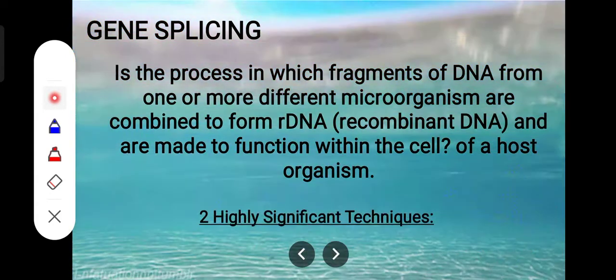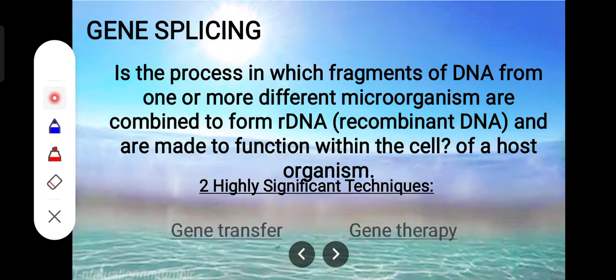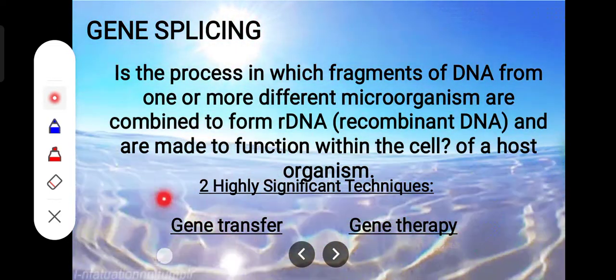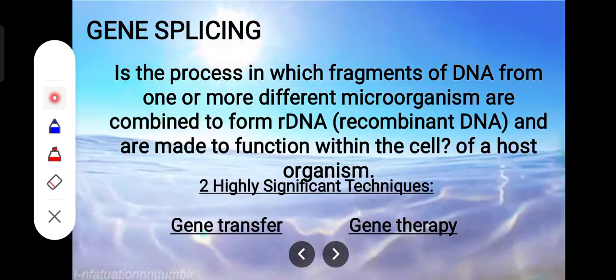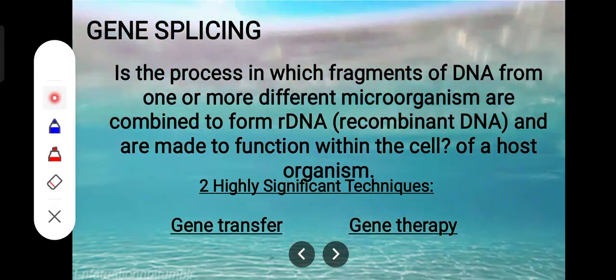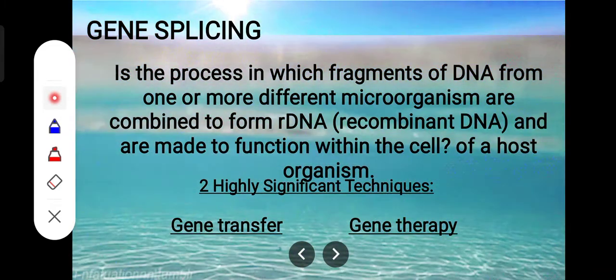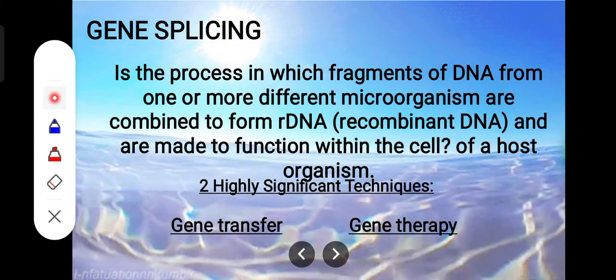So we have here two highly significant techniques. First is gene transfer. When we say gene transfer, it is transferring the gene from one source to another object. Next is gene therapy. Gene therapy is correcting defective genes that are responsible for disease development.